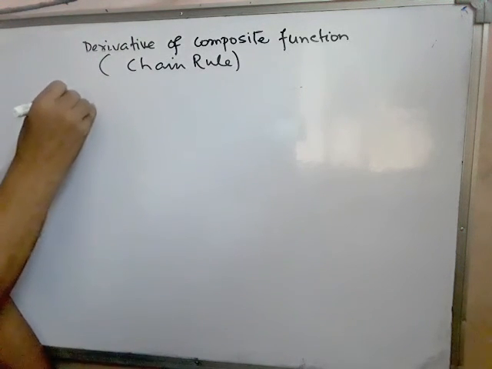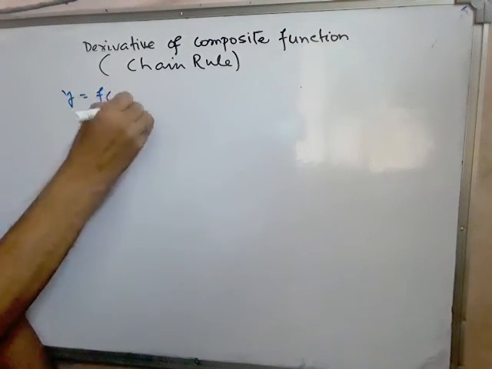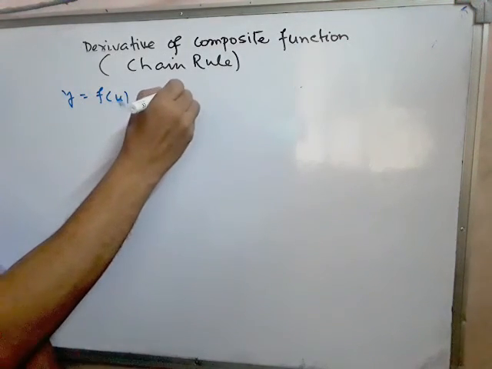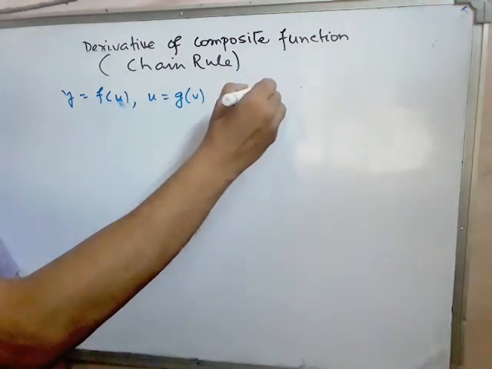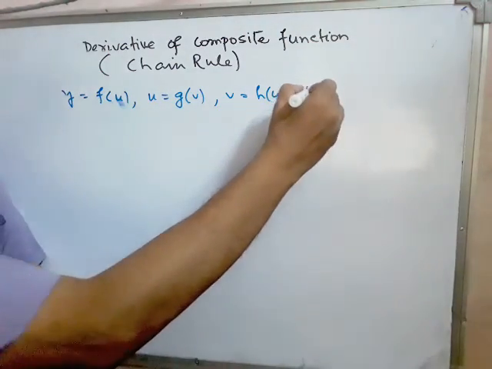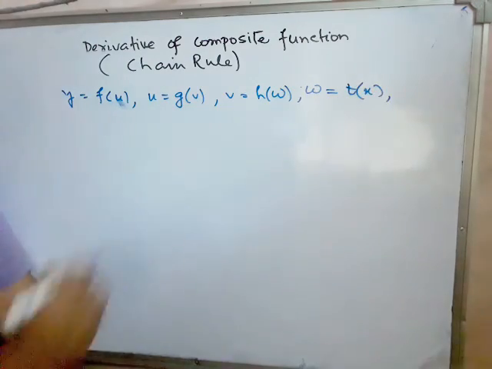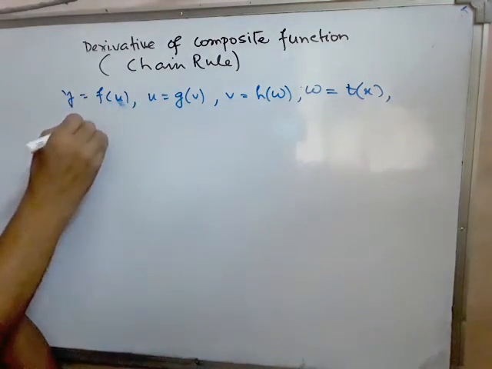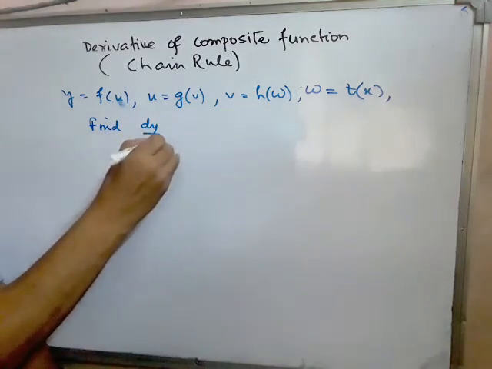Say y is a function of u, u is a function of v, v is a function of say w, and w is a function of say x. Question asks to find dy by dx.